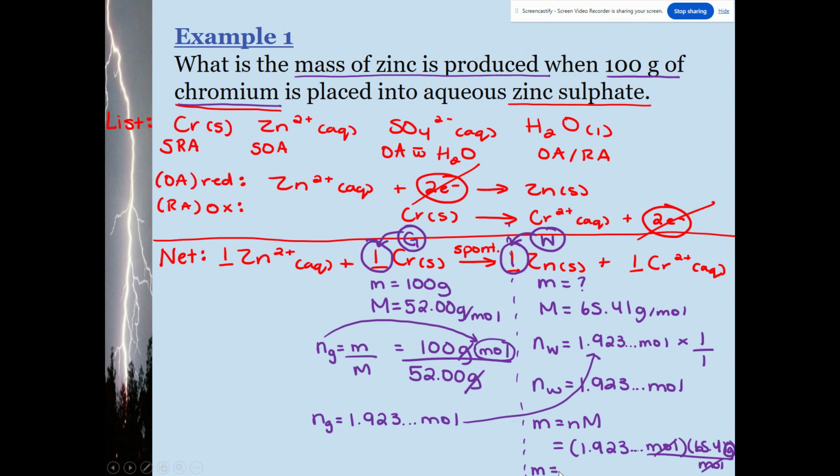So my unrounded answer times 65.41 gives me an answer of 125.78 so on grams. If we look back at the question, there's 3 sig digs, so I need to round this to 3 sig digs, which would be 126 grams as my final answer. Okay, 126 grams. Let's move on to the next example.